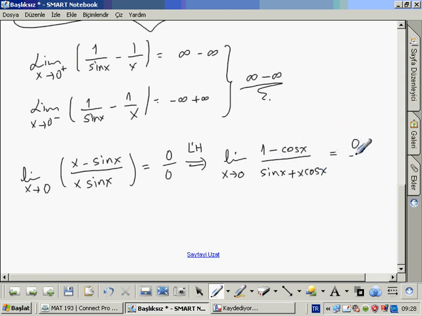So it's again 0 over 0, and again apply L'Hopital's rule.